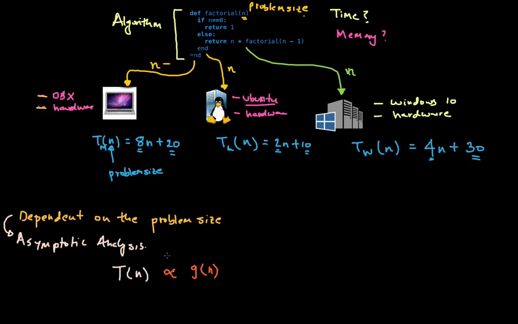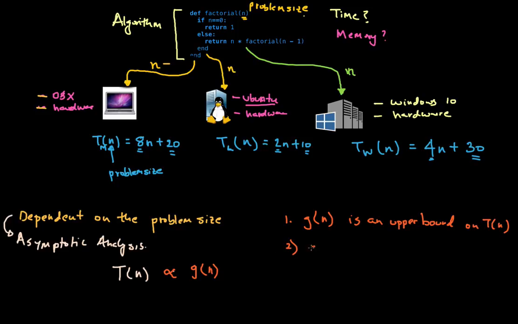Okay, and this relationship between g of n and T of n could take 3 different forms. The first one could be that g of n is an upper bound on T of n.